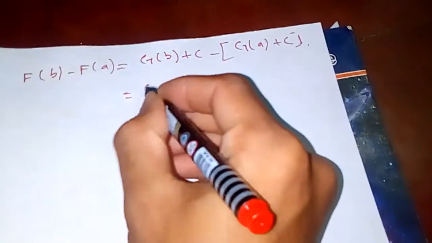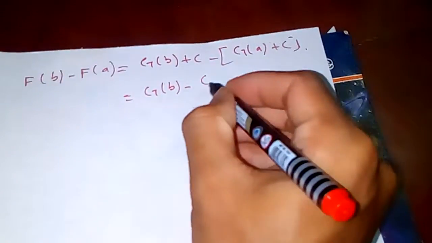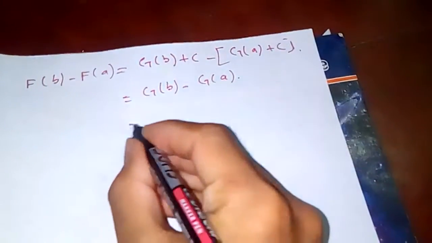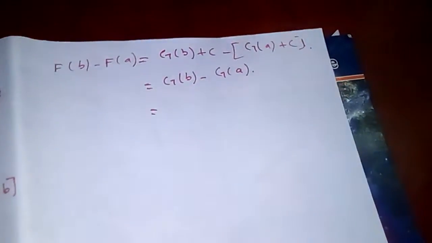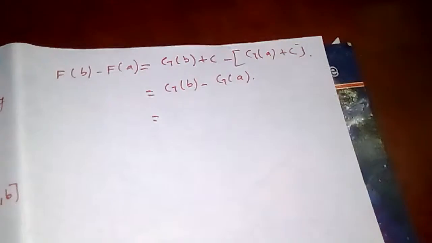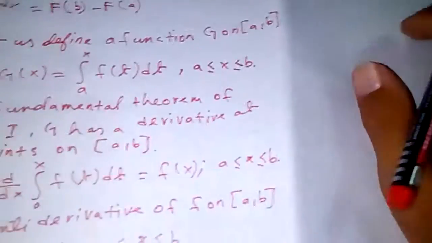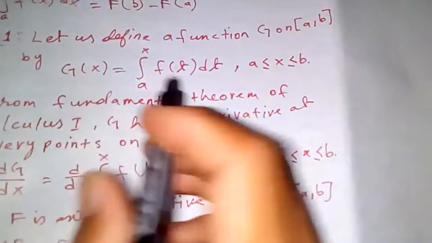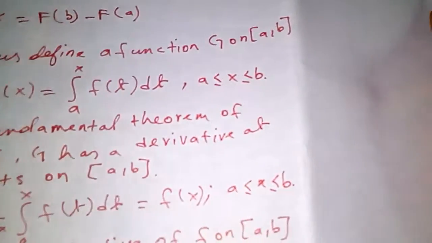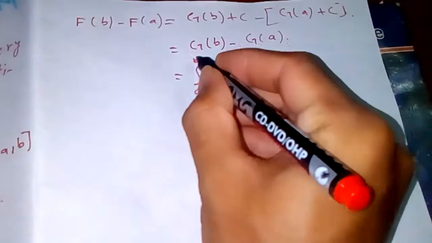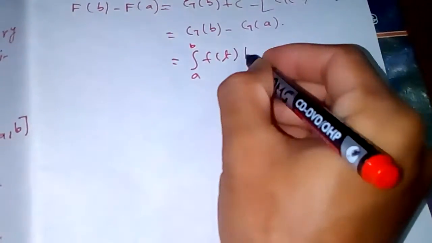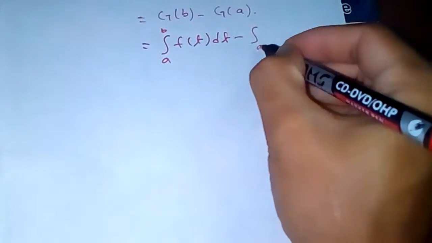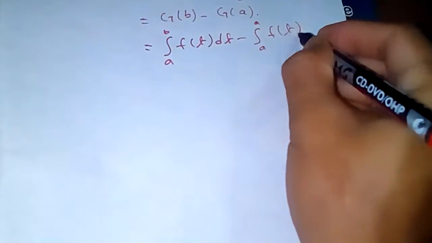Now if you open the bracket, we get g of b minus g of a, where g is nothing but our function g of x. If you put here g of b, that means the integral from a to b of f of t dt minus the integral from a to a of f of t dt.